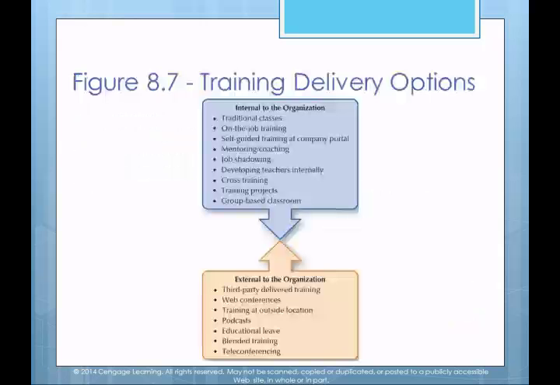The other training delivery considerations are your geographic location, your time allocated, and the completion of your timeline. Here are the delivery options. So you can do it internally or externally. You can have internal training, which is traditional classes, on-the-job training, self-guided training at the company portal, mentoring or coaching, job shadowing, developing teachers internally, cross-training, training projects, and then group-based classroom.